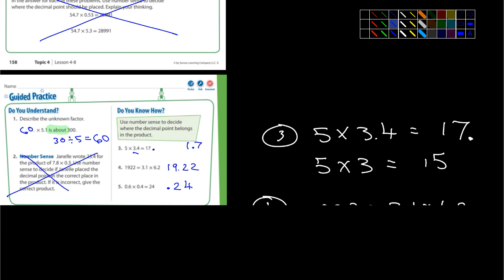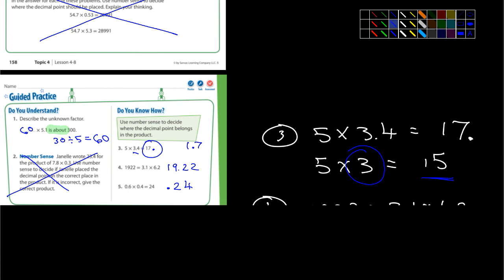And then we looked at it as 5 times 3, which is 15. If you think about it, 3 is less than 3.4. So if anything, it'll actually be larger than 15. And the actual answer is 17.